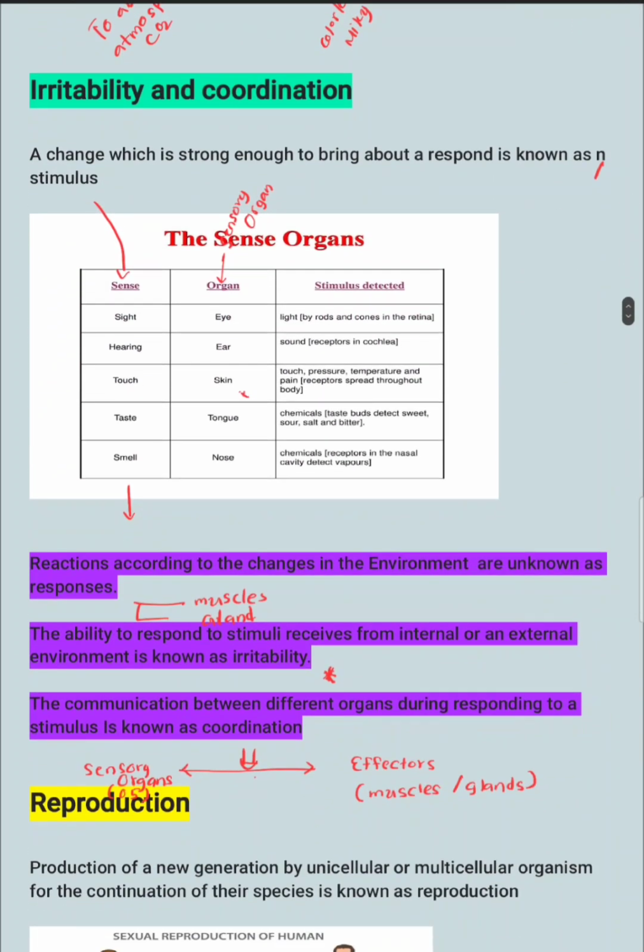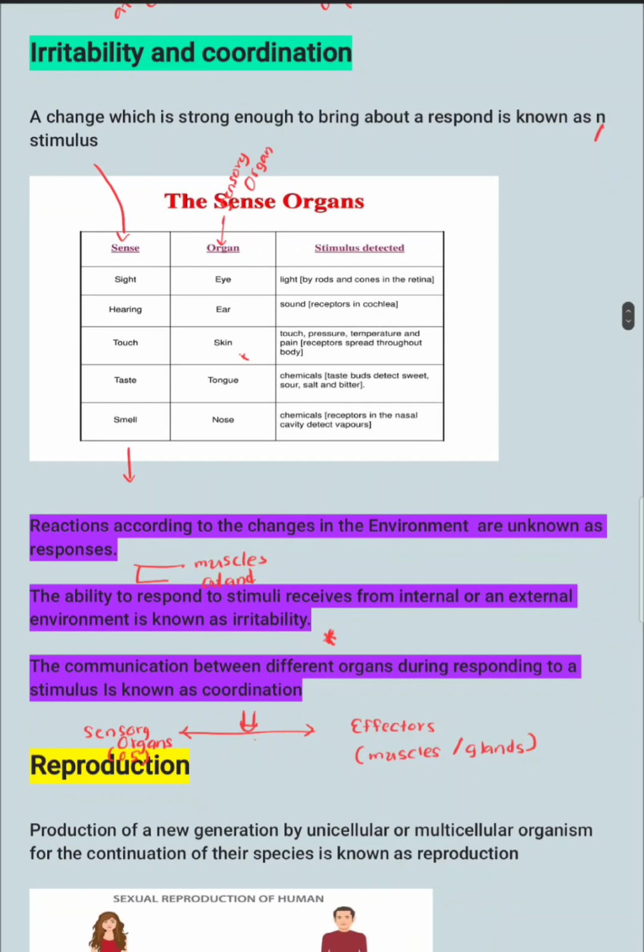The next characteristic is irritability and coordination. A change which is strong enough to bring about a response is known as a stimulus. Stimulus කියන්නේ change එකක් in external or internal environment එකේ that brings a response. There are 5 sensory organs in our body: eye, ear, skin, tongue and nose.